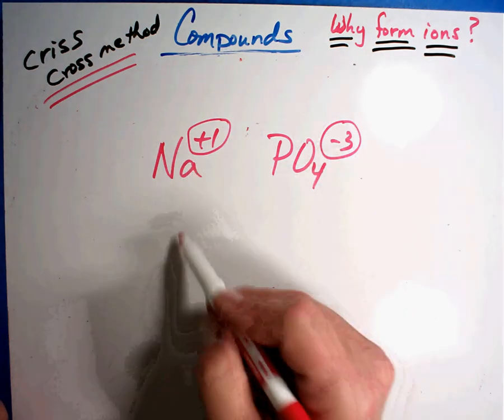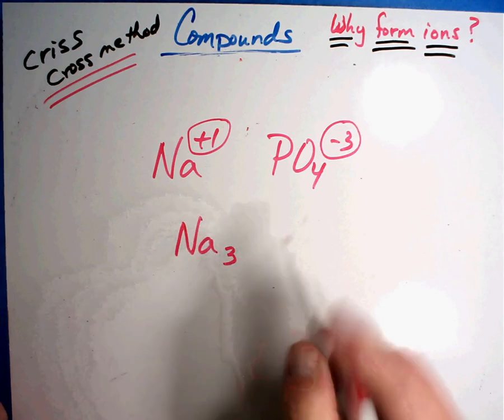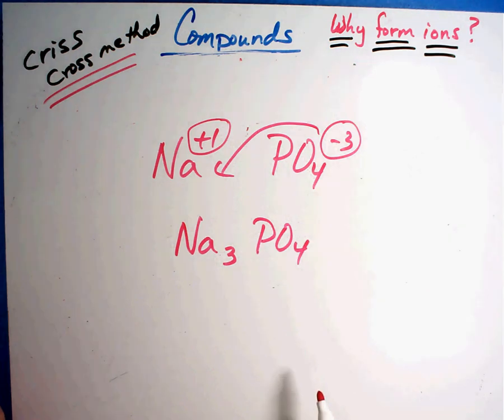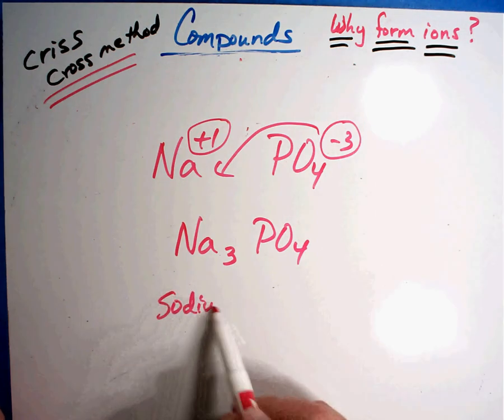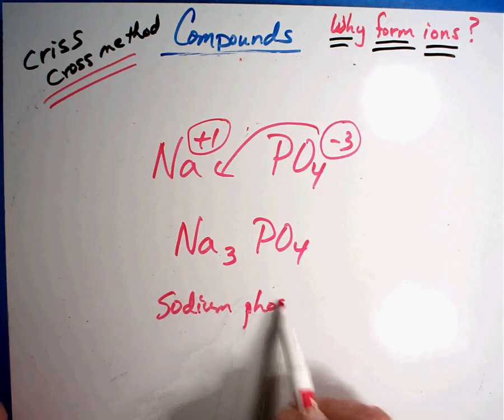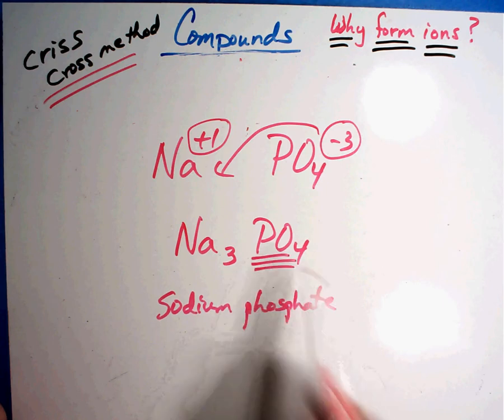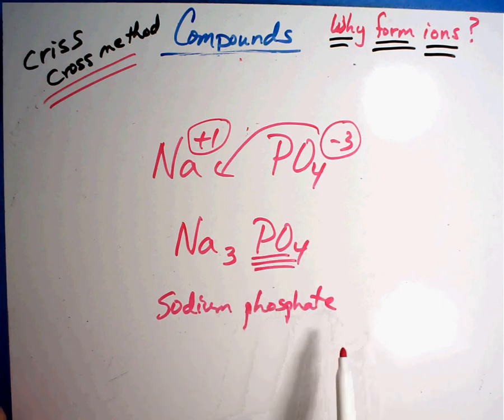Switch them. Na 3, PO4 1. Do we write ones? No. There's your answer. Sodium phosphate. Important thing to remember, you do not have to know that name. They'll tell it to you. So it's not too difficult.